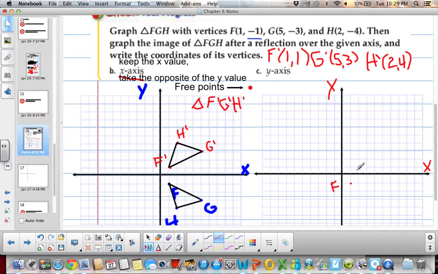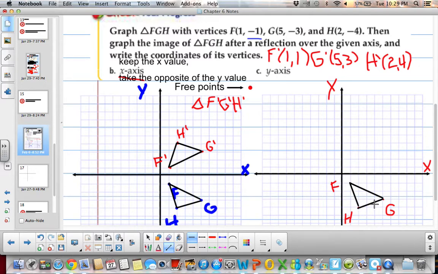And then G is 5, -3, so 1, 2, 3, 4, 5, 1, 2, 3. And then H is 2, -4, so 2, and then 1, 2, 3, 4. So then we have a triangle FGH.